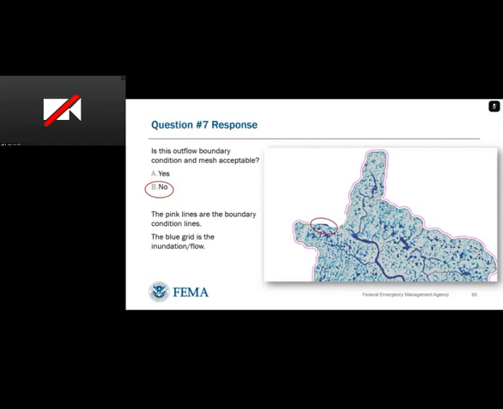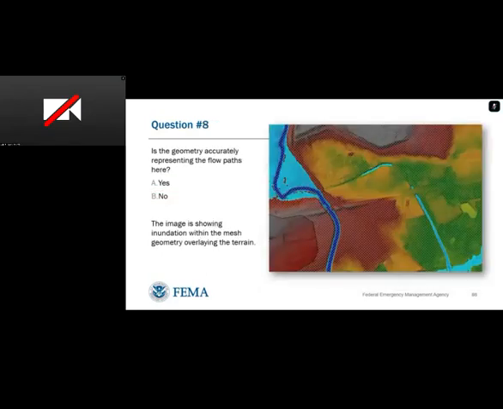And then next question. Looking at this image, is the geometry accurately representing the flow paths here? So the image is showing inundation within the mesh geometry overlaying the terrain.